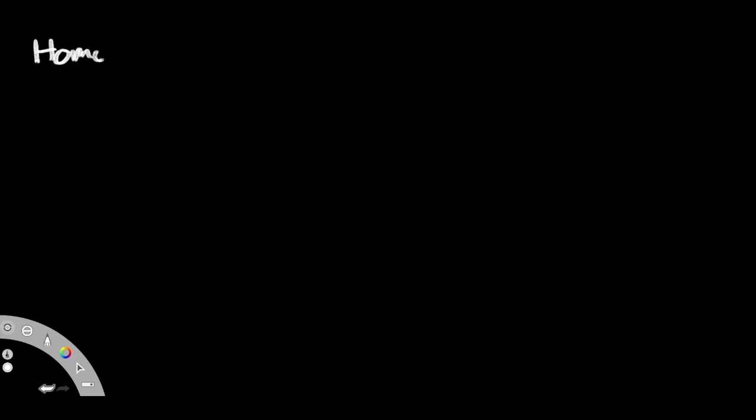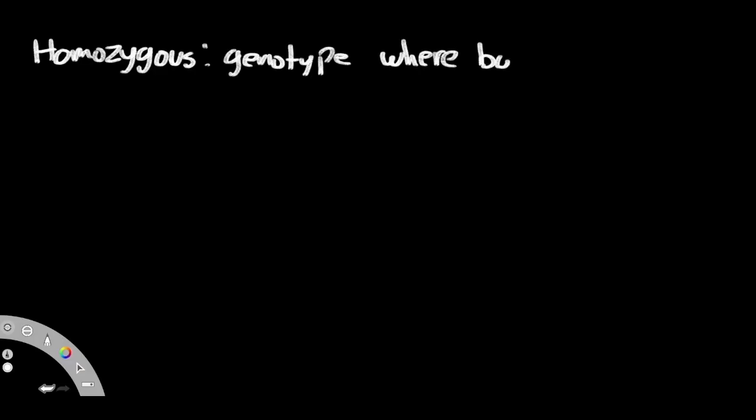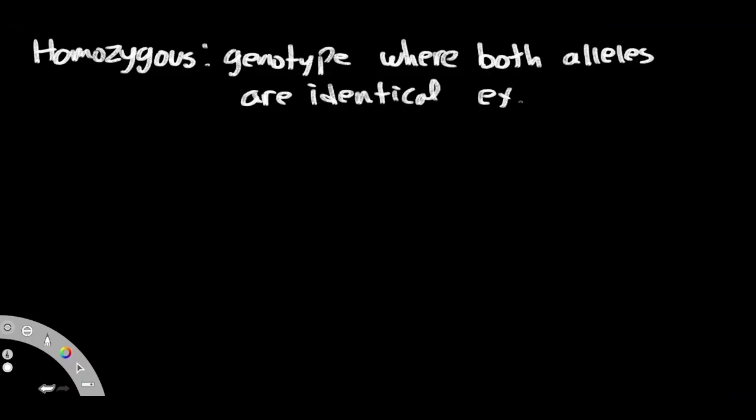Now, when something is homozygous, this means that the genotype is where both alleles are identical. So exactly what we just did. Small b. This represents blue eyes, right?